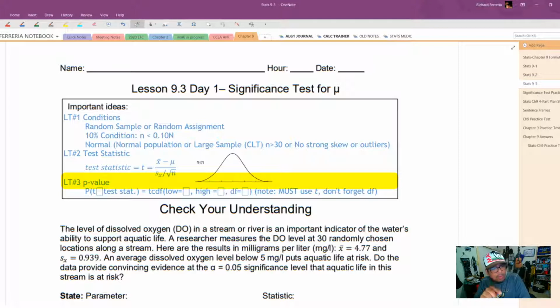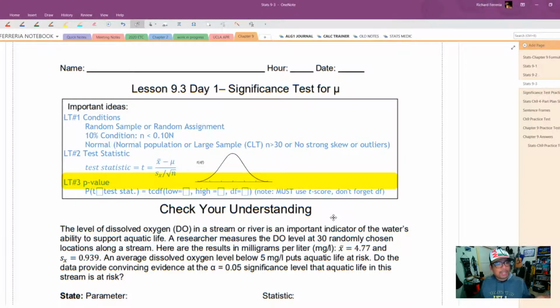You have to write low, high, df. There's no way to use the data. You have to use the t-score, and that's what the note says. And don't forget to write your degrees of freedom somewhere.